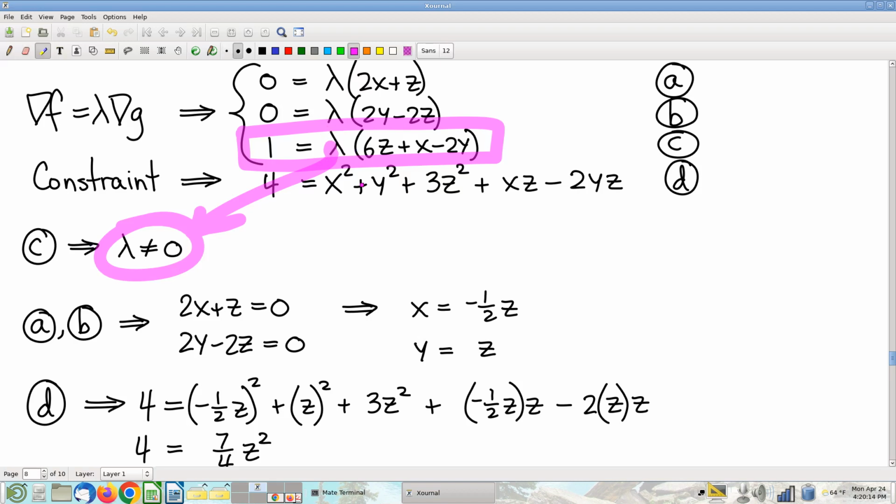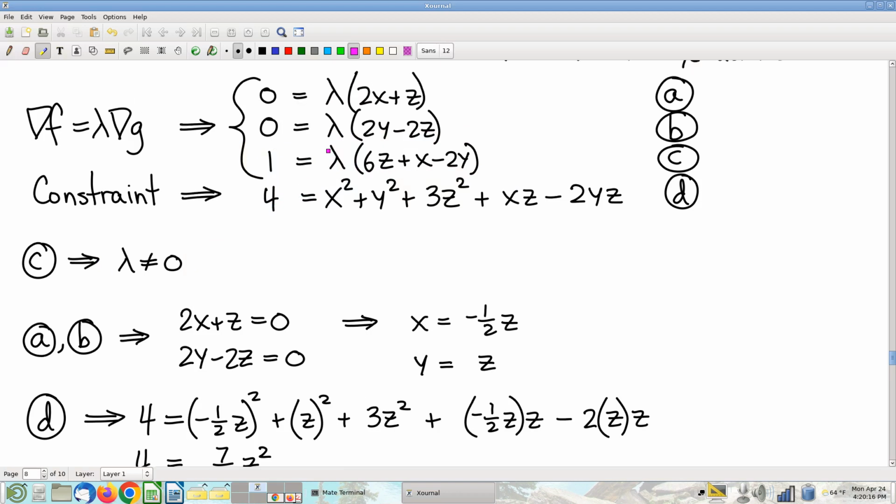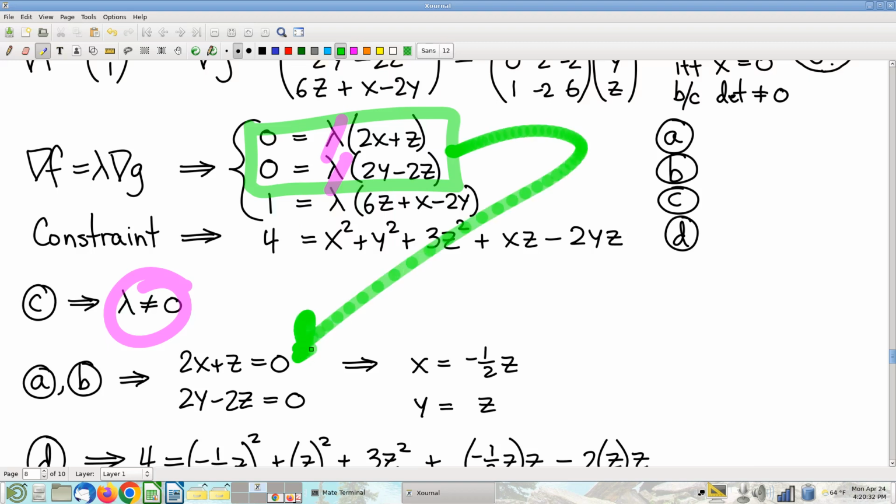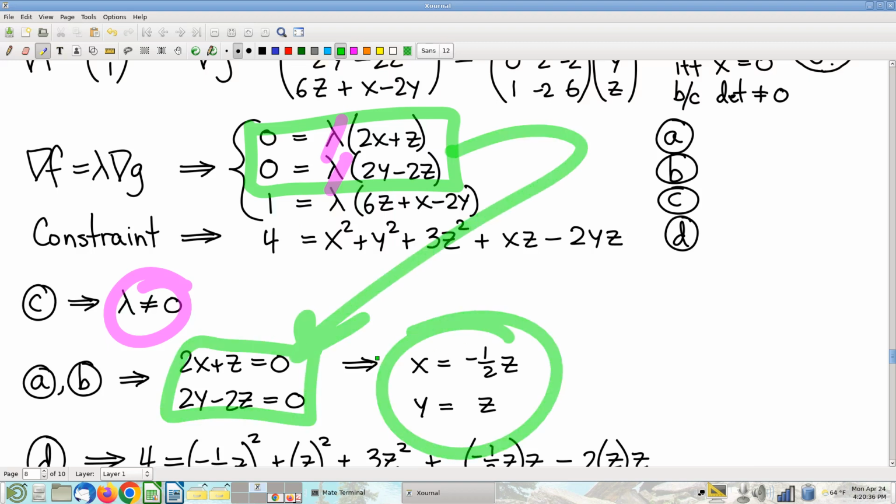Okay. Well, if lambda is not 0, let's look at these two equations. With lambda being not 0, I can cancel a non-zero factor in each one of these equations. Perfectly legal to cancel non-zero factors. And that turns this then into that, which gives me this. I've basically solved for x and y in terms of z. Is everybody all right with that?